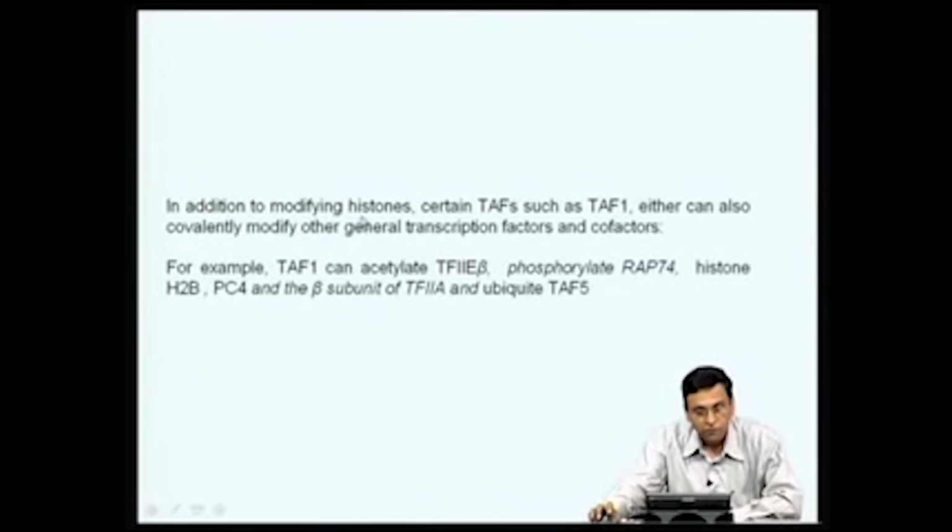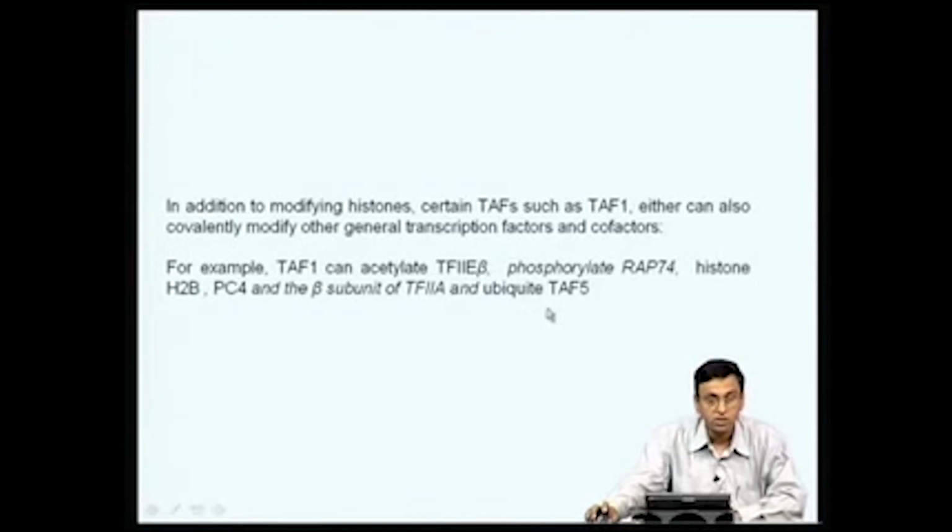In addition to modifying histones, many of the TAFs such as TAF1 can covalently modify other general transcription factors and cofactors as well. I will give you one example. TAF1 can deacetylate one component of TFIIE. It can also phosphorylate an RNA polymerase associated protein called RAP74. It can also modify histone H2B, PC4 and the beta subunit of TFIIA, and there is also ubiquitination of TAF5.